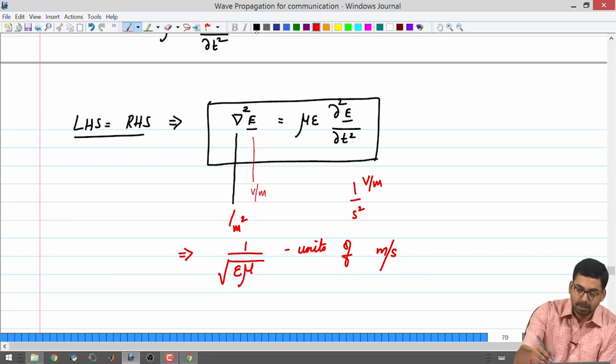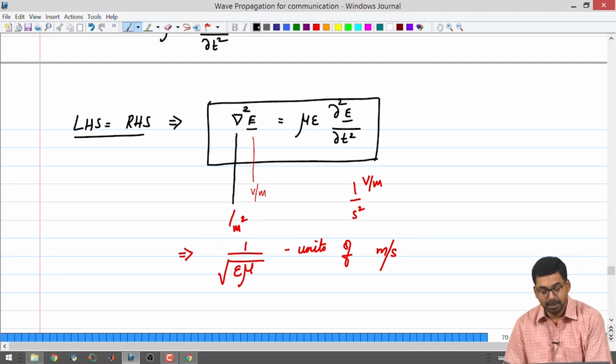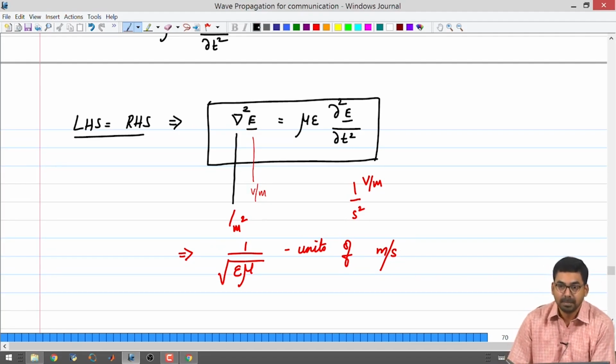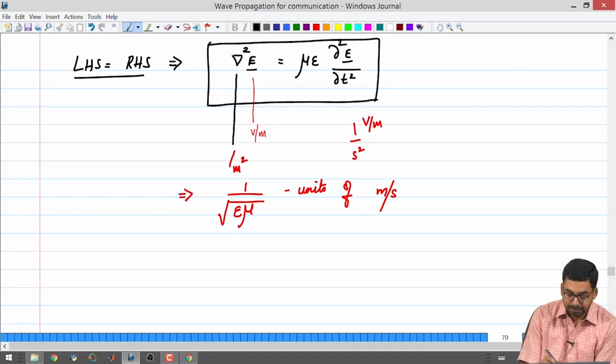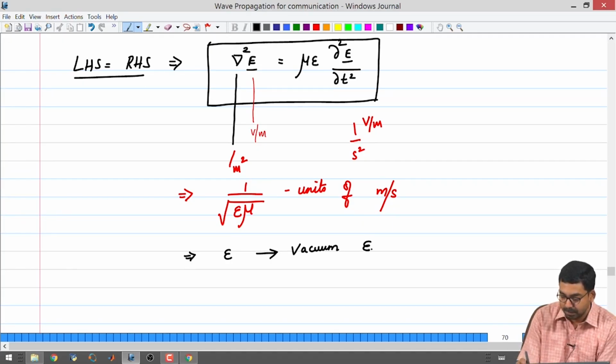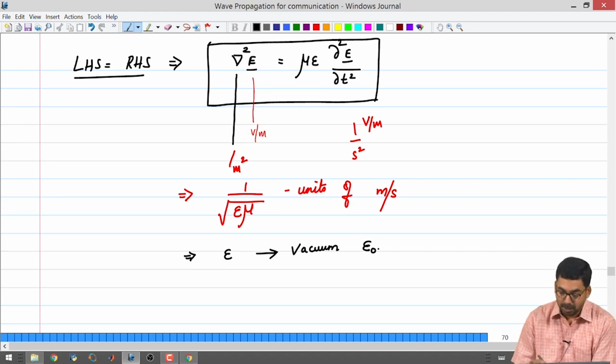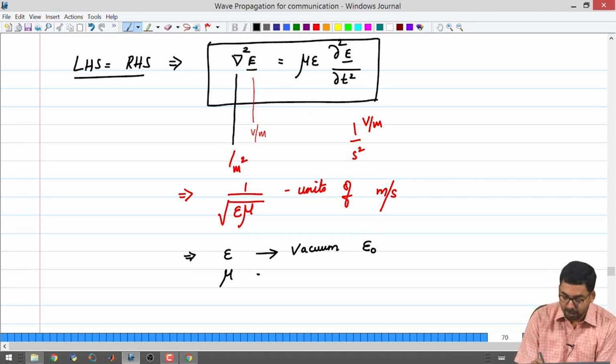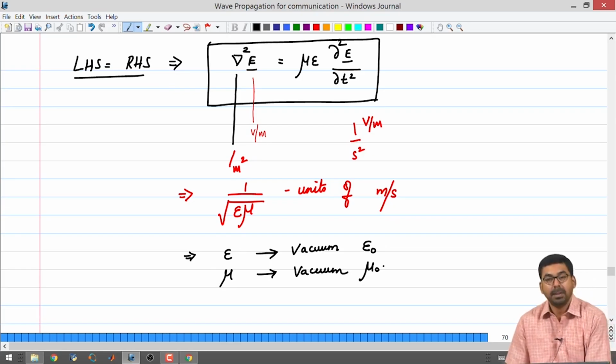So one thing is clear, that the wave is travelling with a finite velocity. Even in the case of vacuum, epsilon can be replaced with epsilon naught. This is the common notation that is used. For the case of vacuum, mu is replaced with mu naught.